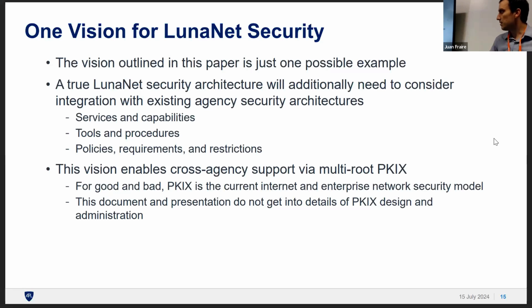And one thing that this also enables, and in some cases will really benefit from, is cross-agency support. This is something that is mentioned a little bit in the paper, that there doesn't really exist right now that same kind of CA browser forum for space internetworking and security in particular.